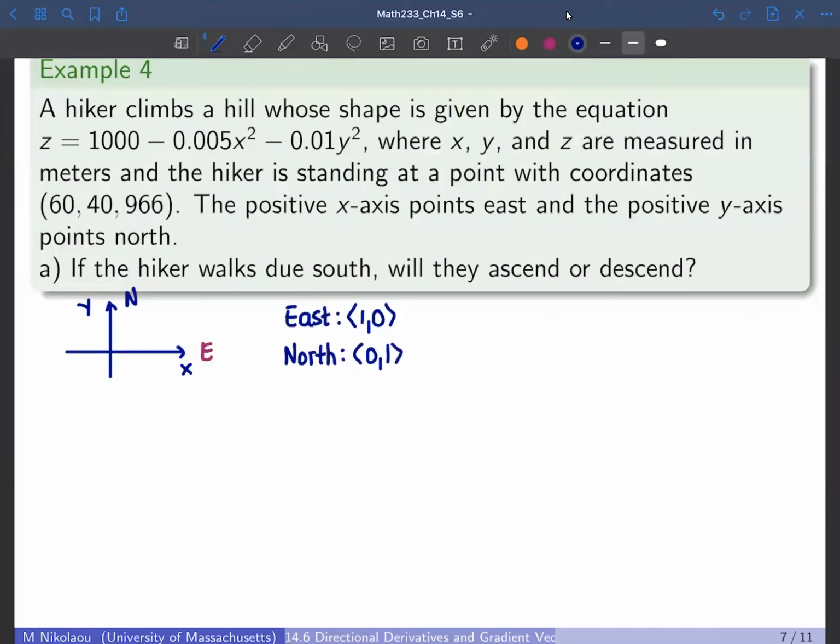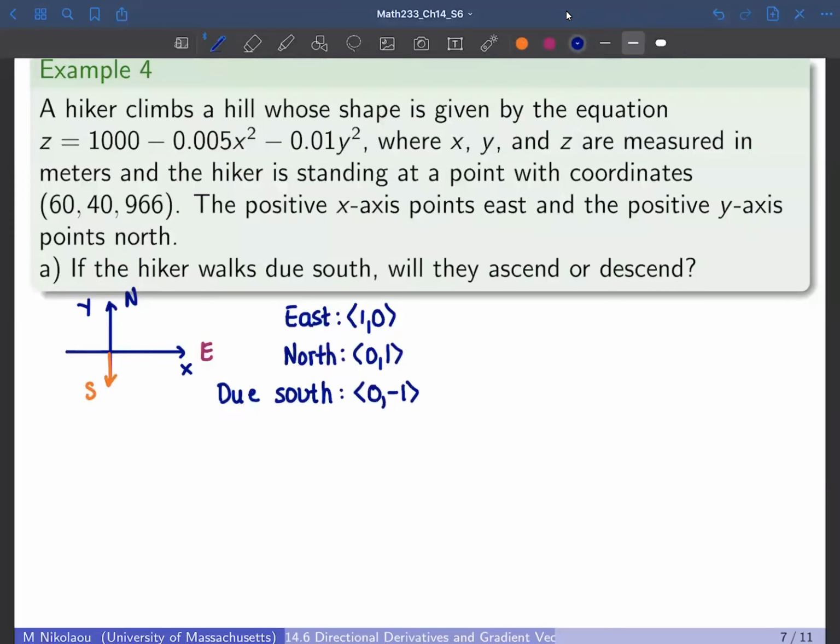So due south means that one vector that can represent it, and let's sketch that here. So this is south. One of the vectors that can represent due south is the vector with components 0 and -1, but there are many different options for vectors.